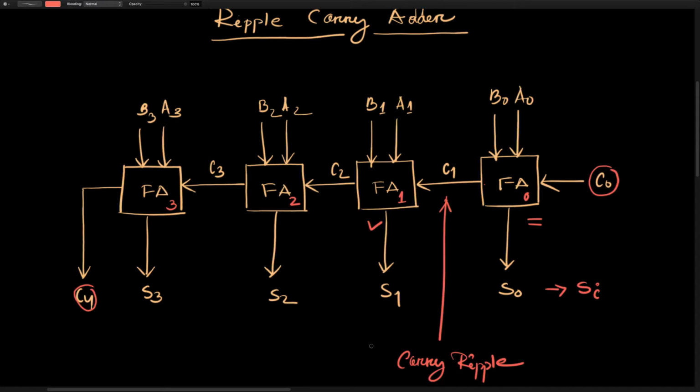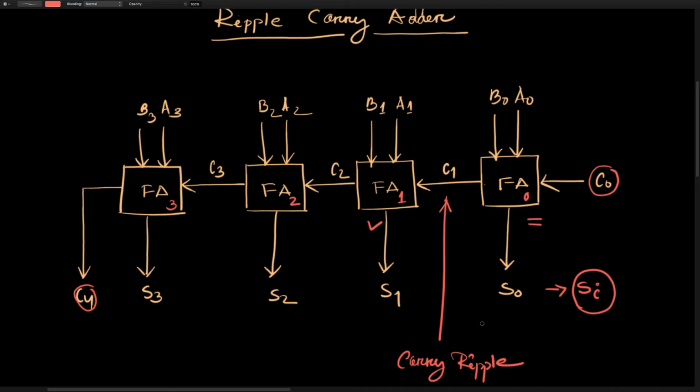So there is a ripple operation here. The operation of the subsequent stages depends on the operation of the earlier stages. There is no instantaneous operation. It will take longer to give you the final result, that is c of i, s of i. That's why we call it a ripple carry adder, because there is a ripple of the carry.